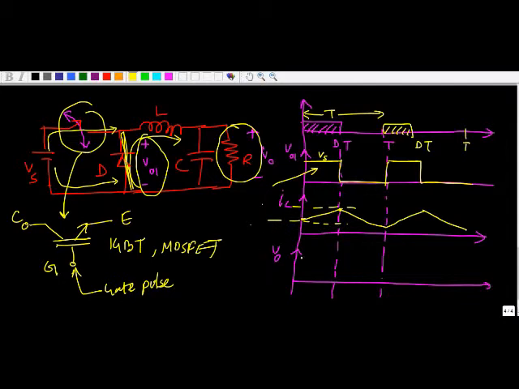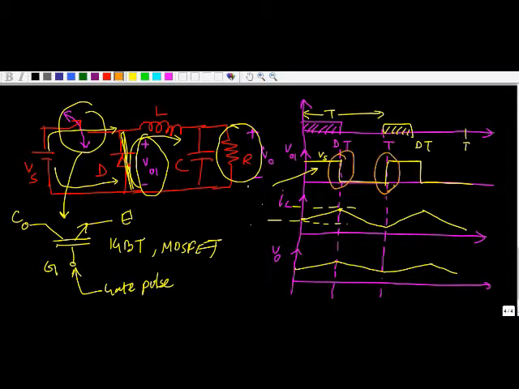Now, what will be the output voltage waveform? For the output voltage waveform, we are basically filtering this voltage. So this output voltage waveform will also increase like this, and then there may be slight ripple. But what will be the value of this output? See, this capacitor will pass all the ripples in the voltage that is appearing before the filter.